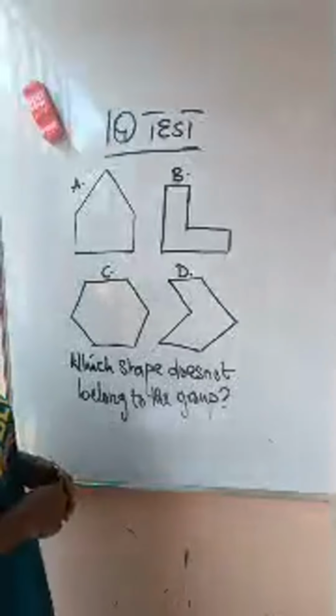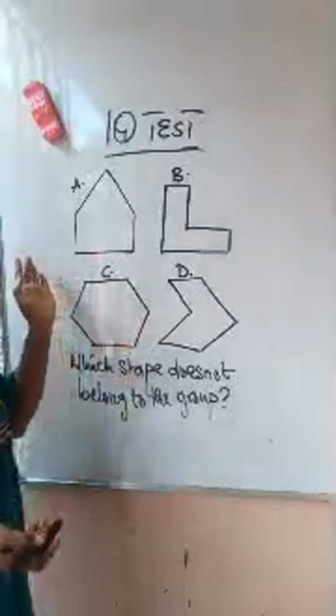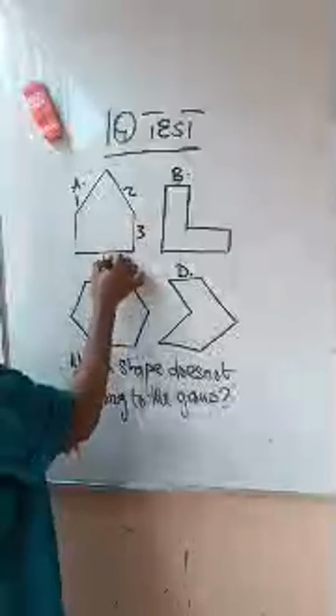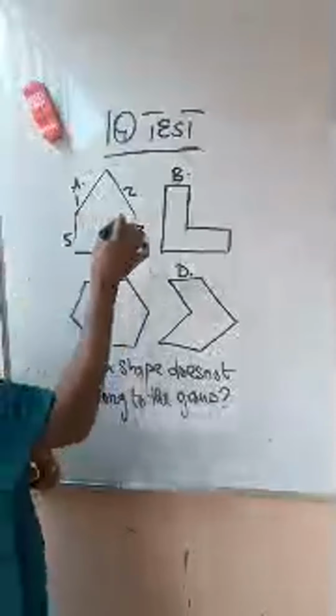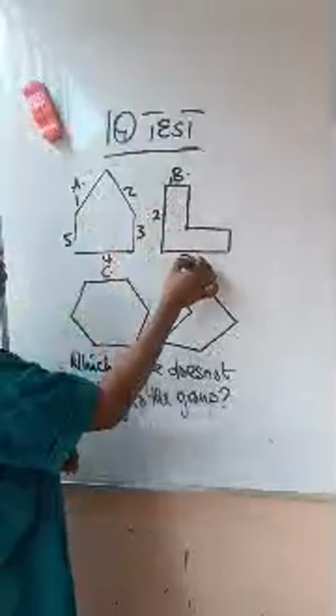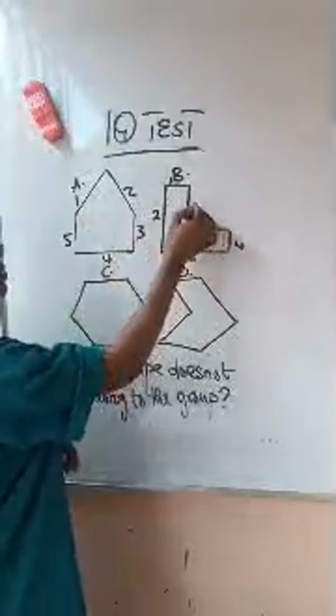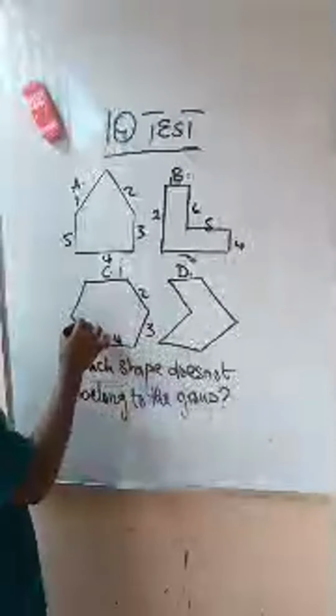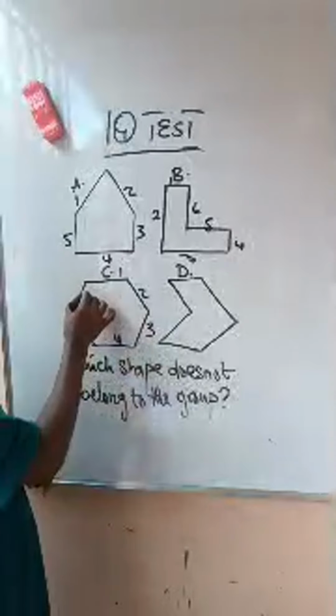Rico, you can see it's very obvious. This has how many sides? 1, 2, 3, 4, 5. This has 1, 2, 3, 4, 5, 6. This one has 1, 2, 3, 4, 5, and 6.